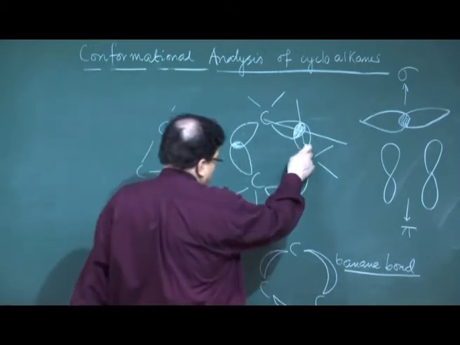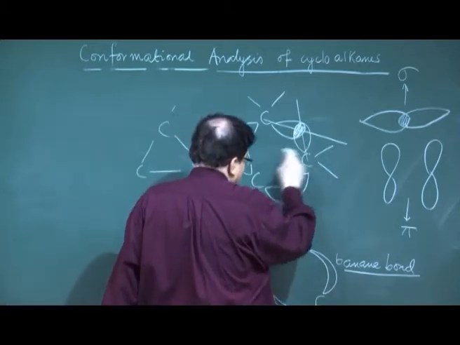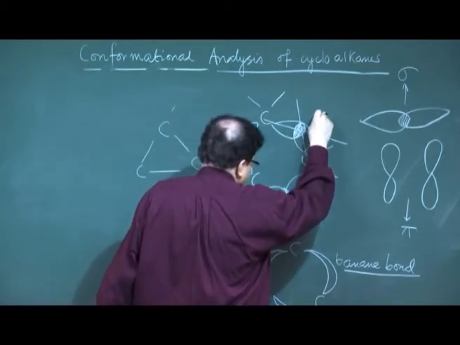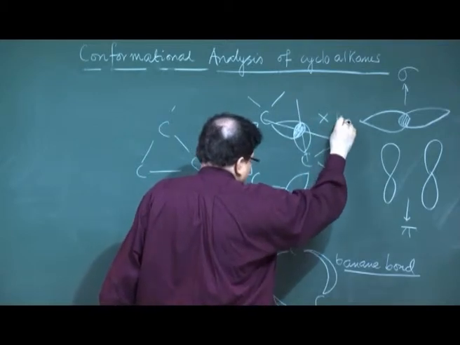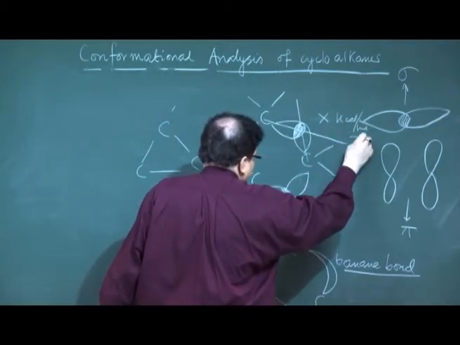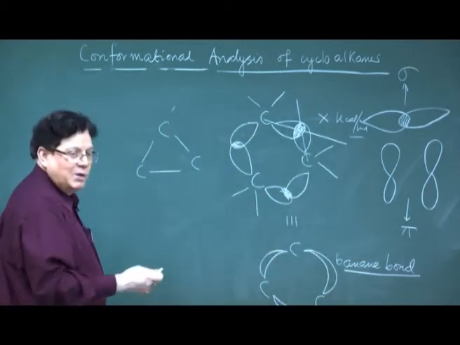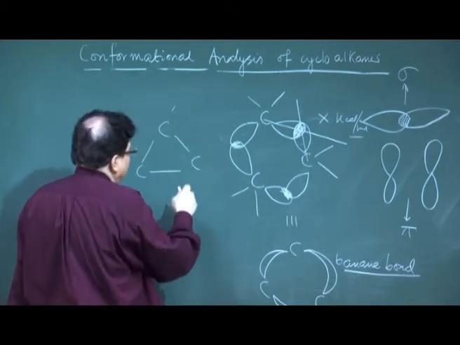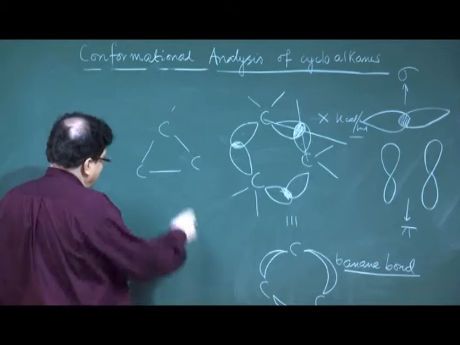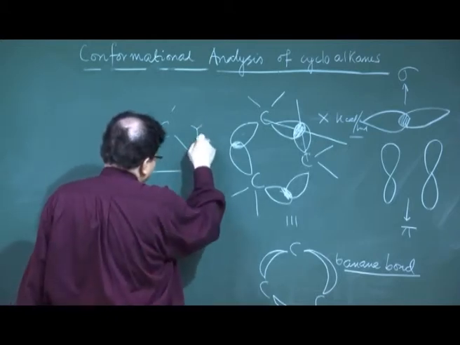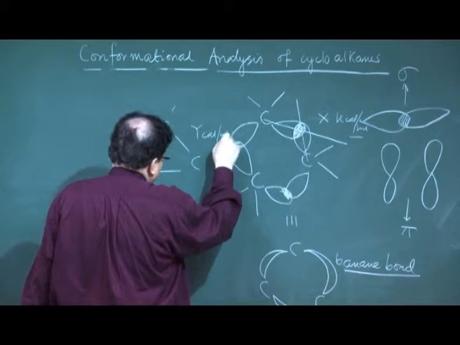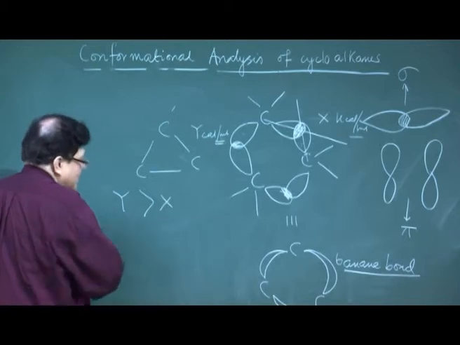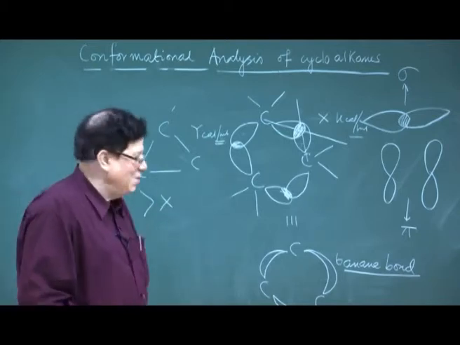As per quantum mechanical calculation of the orbital overlap, you get a bond strength, suppose X kilocalorie per mole. And actually, by combustion experiments or by hydrogenation, you can tell what is the strength of this carbon-carbon bond, and suppose this is Y kilocalorie per mole. So, what they found is that Y is a little larger than X. So, where was the problem?